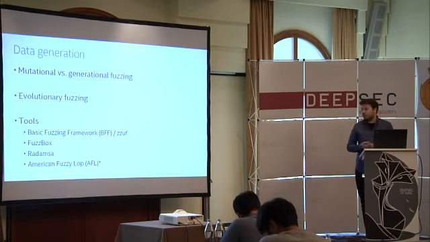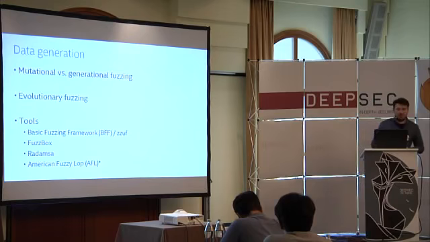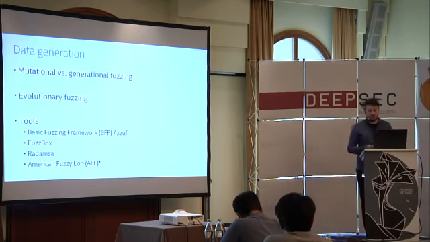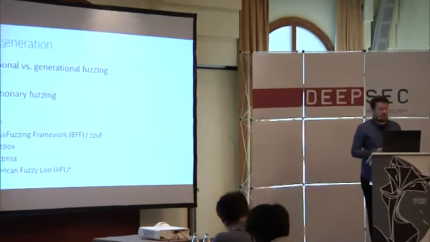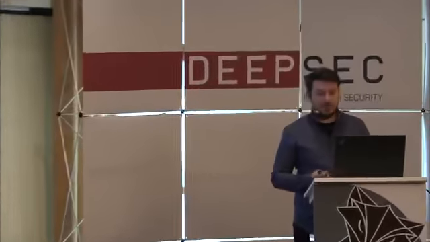The tools that we have been using for our fuzzing purposes in Android are the ones mentioned on the screen. The first one is the Basic Fuzzing Framework. This is a tool that can be used in Linux environments. It targets applications or binaries that consume file input. The main advantage for this tool is that it is almost completely automated.